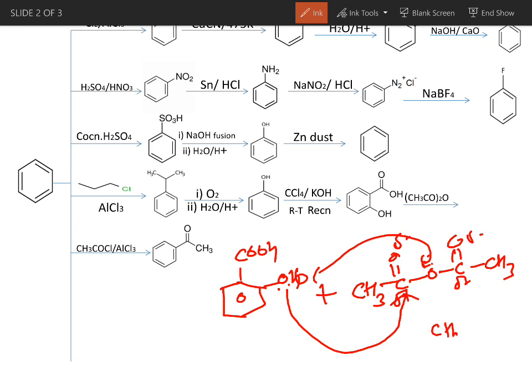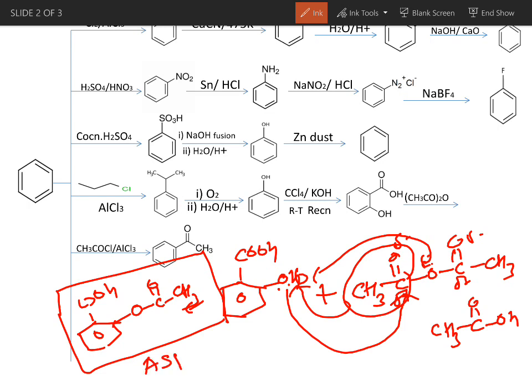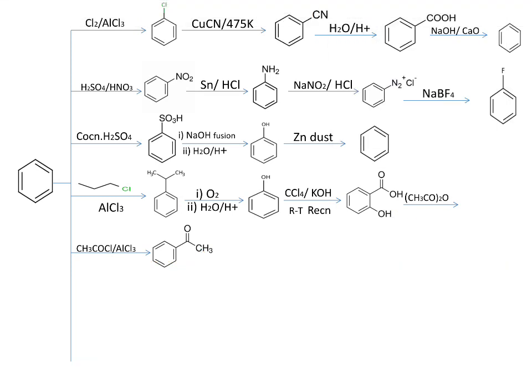So here CH3COOH is formed, where C double bond O CH3 will be attached to this oxygen. So the compound formed here will have COOH, and here O C double bond O CH3, that is an ester. This compound, with COOH and on the ortho position OCOCH3, is called aspirin. So when salicylic acid is reacted with acetic anhydride, it forms aspirin as a product.